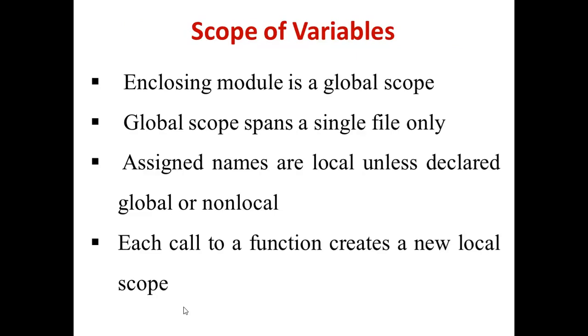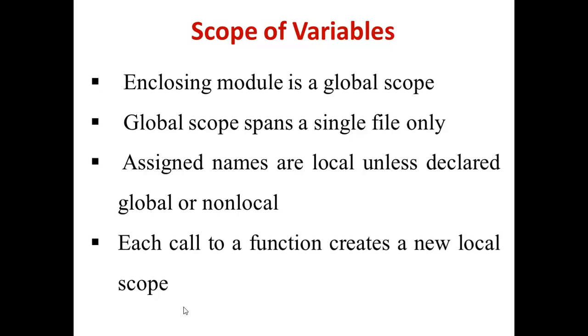Now we'll see some of the other important parts. When you're creating a variable, you should understand what the scope of the variable is in Python. When you're going with the enclosing module, that scope we call a global scope.